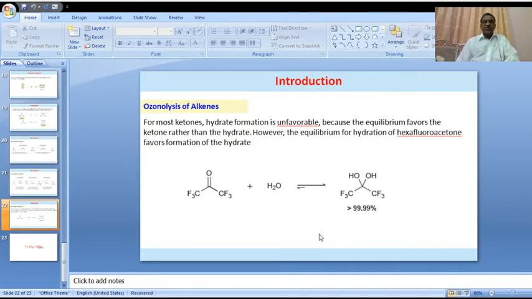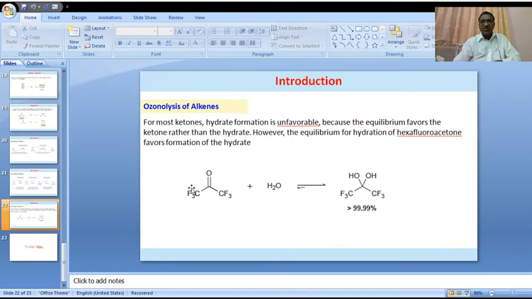However, the equilibrium for hydration of hexafluoroacetone, this is the structure, favors formation of the hydrate. This is a very important compound. Please remember hexafluoroacetone.